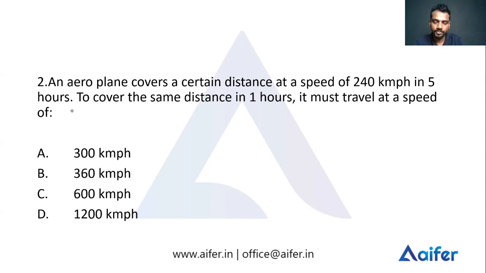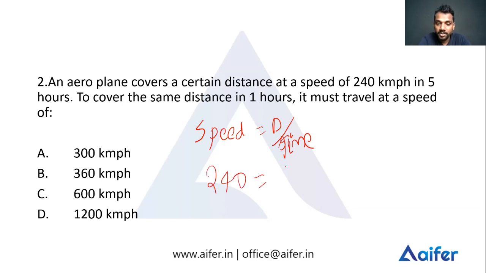What should be the speed? That's the question. So we have speed equal to distance by time. Here the speed is 240 and the distance is covered in 5 hours.